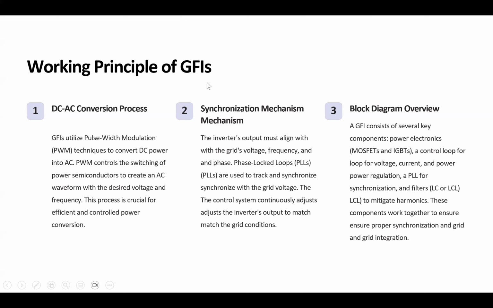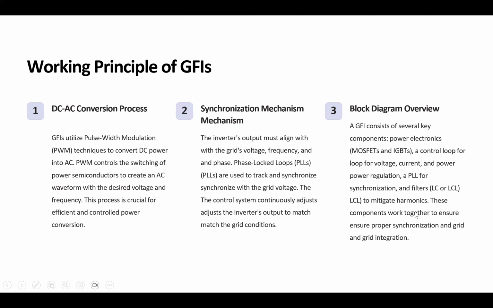So for grid following, we have four blocks of components. One, our main switching device. Two, our control loop, that PWM control loop, which will define and control the voltage and power. Three, the PLL block, which synchronizes with the grid and controls the frequency inside our PWM.